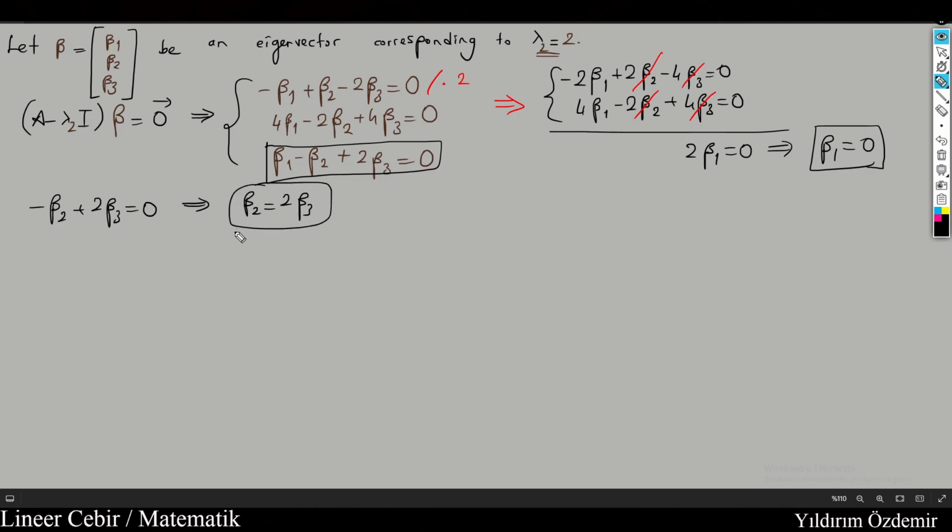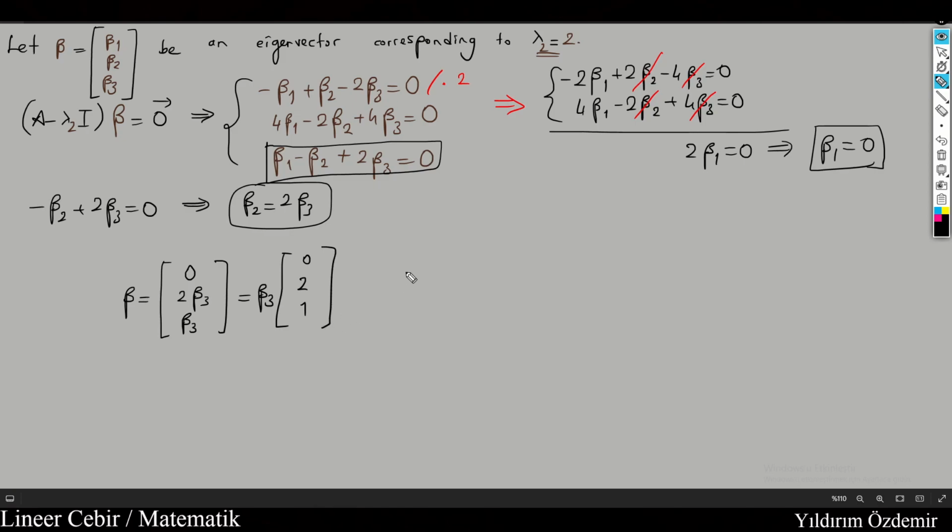Now we can use this relation. You know that our vector beta was beta 1, beta 2 and beta 3. So the first component is 0, beta 1. And instead of beta 2 we can write 2 beta 3. Also this is beta 3. Now we can put this out: 0, 2, 1.